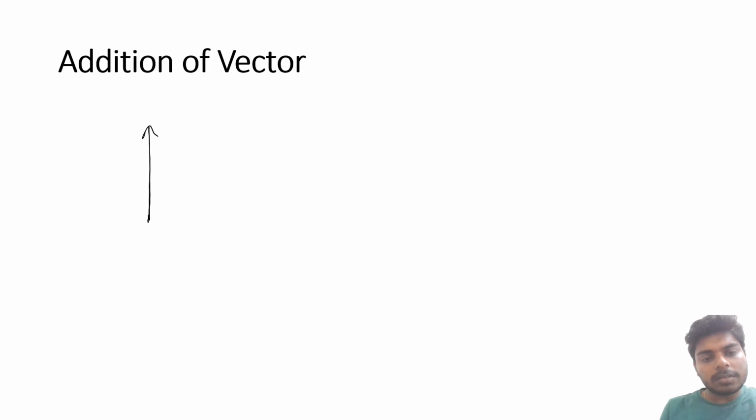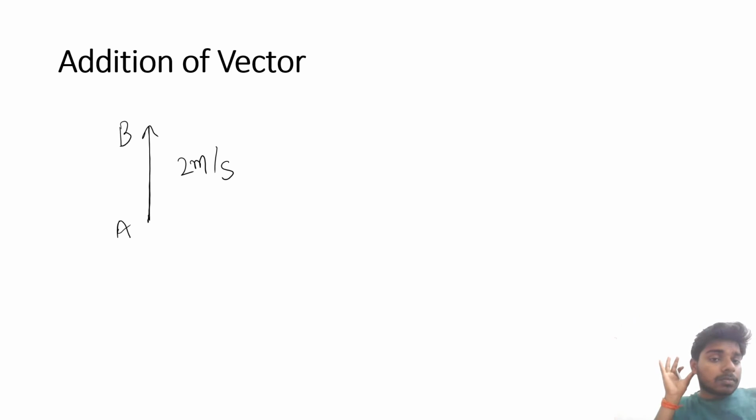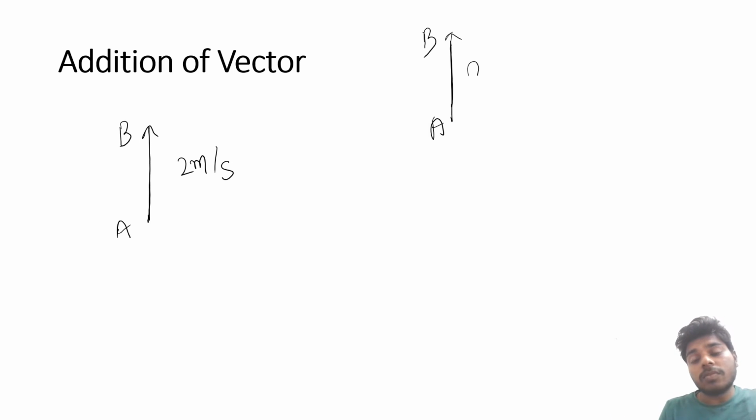Let's say one vector AB, and its magnitude is 2 meter per second. We can translate it, because two vectors are equal when their magnitude and direction are same. So if this vector is here, AB, 2 meter per second, nothing has changed.